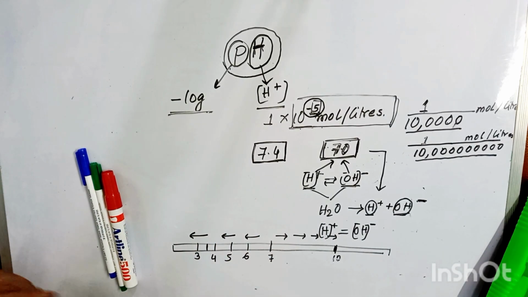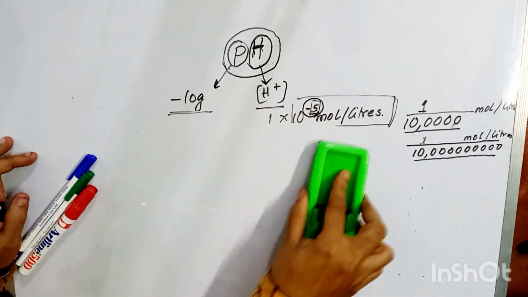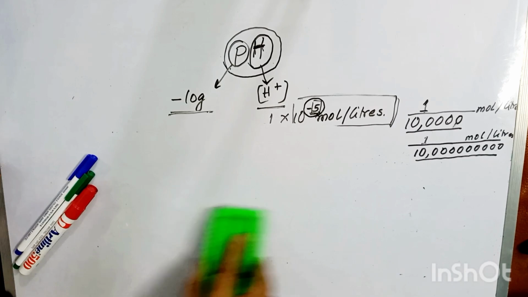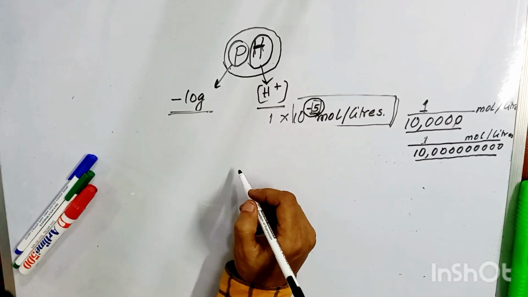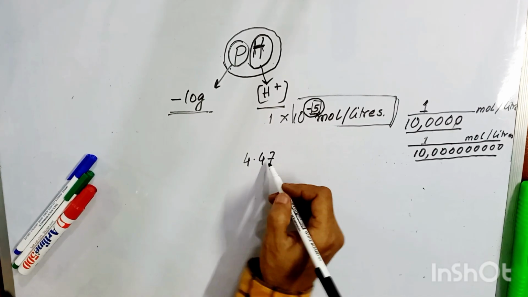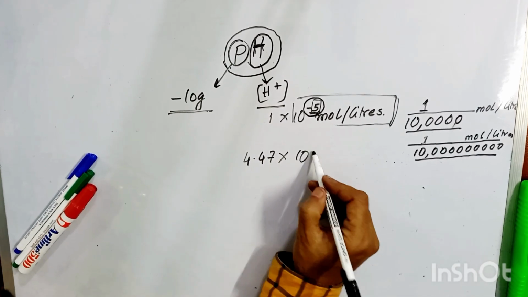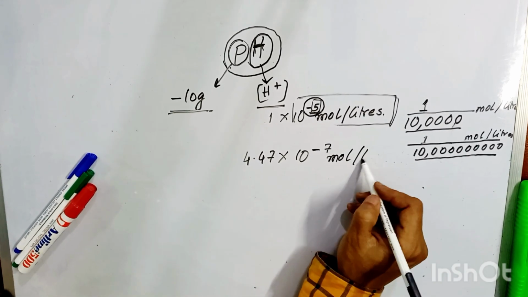Let's assume I take a particular acid with a hydrogen ion concentration of 4.47 into 10 to the power minus 7 moles per liter.